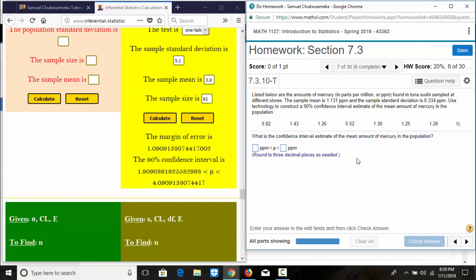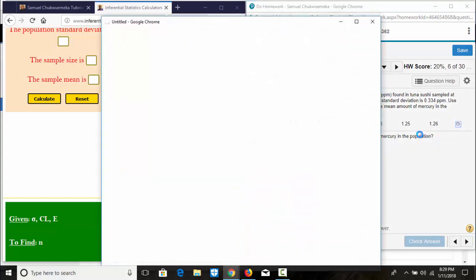We assume that this population is normally distributed, because the sample size is 7 stores. So you click here on this icon, open in Statcrunch.